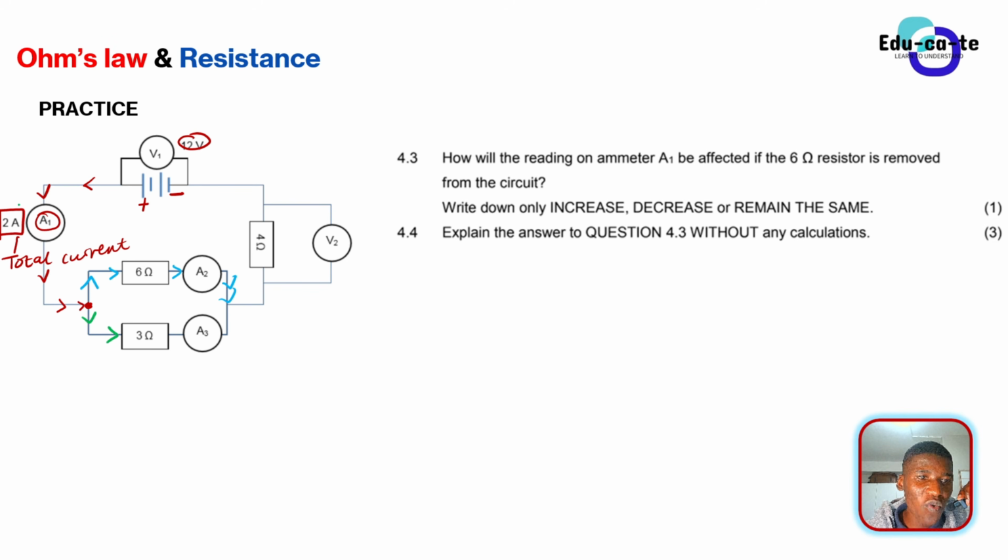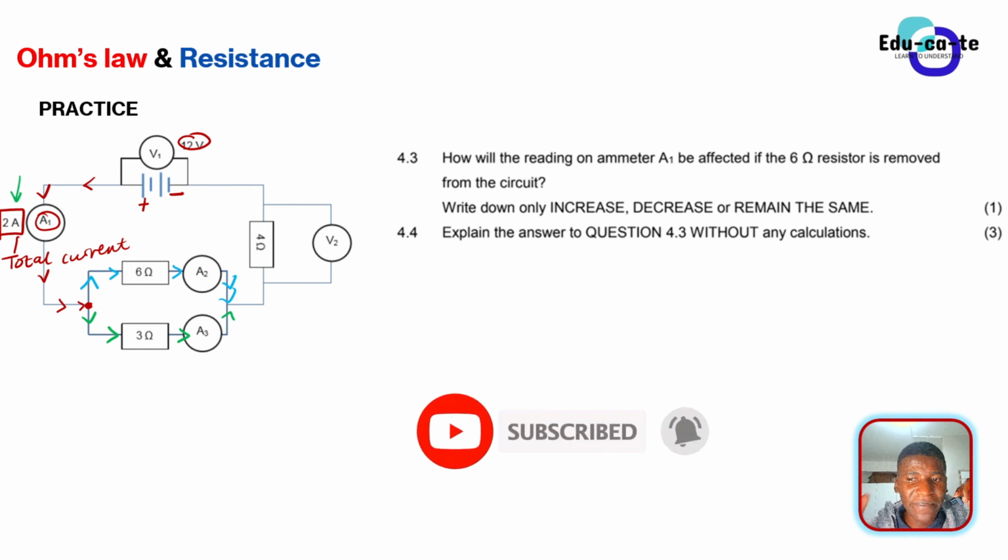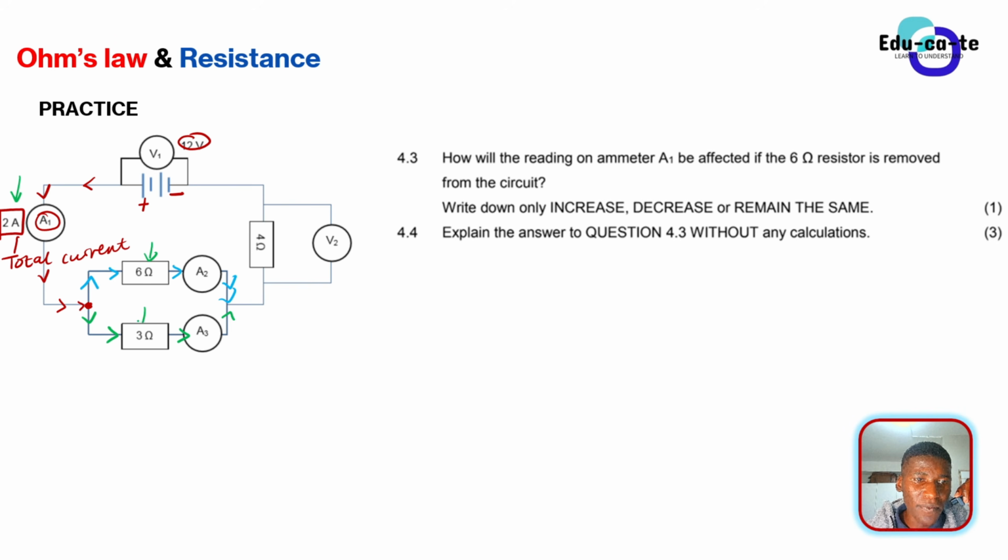So out of this 2 amperes total current, since it is going into a parallel combination, it will be divided. If I may ask here, which one between 6 ohms and 3 ohms will get the greatest current?